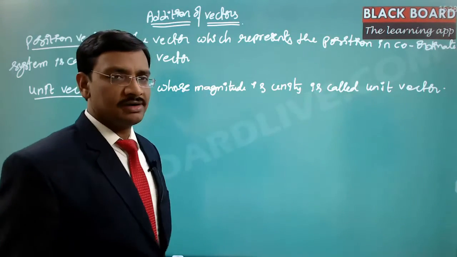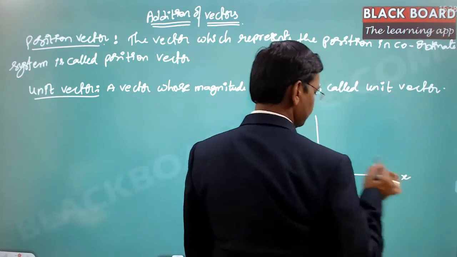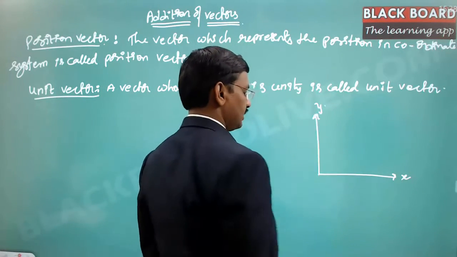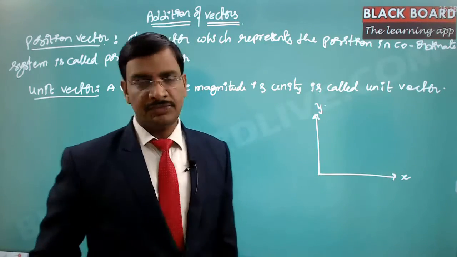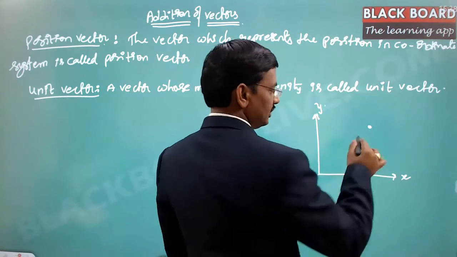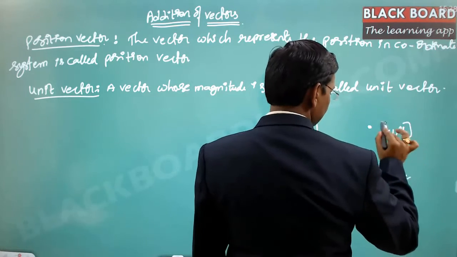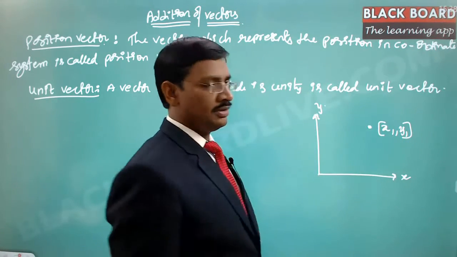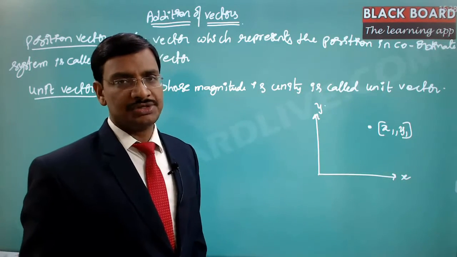So the position vector, meaning, suppose this is the x-axis and this is the y-axis. Now this is the Cartesian coordinate system for us. In this, if you randomly point one particular location, let us say the coordinates are x1 comma y1. This is the coordinates of this particular point. Now a vector representing that coordinates is called the position vector.